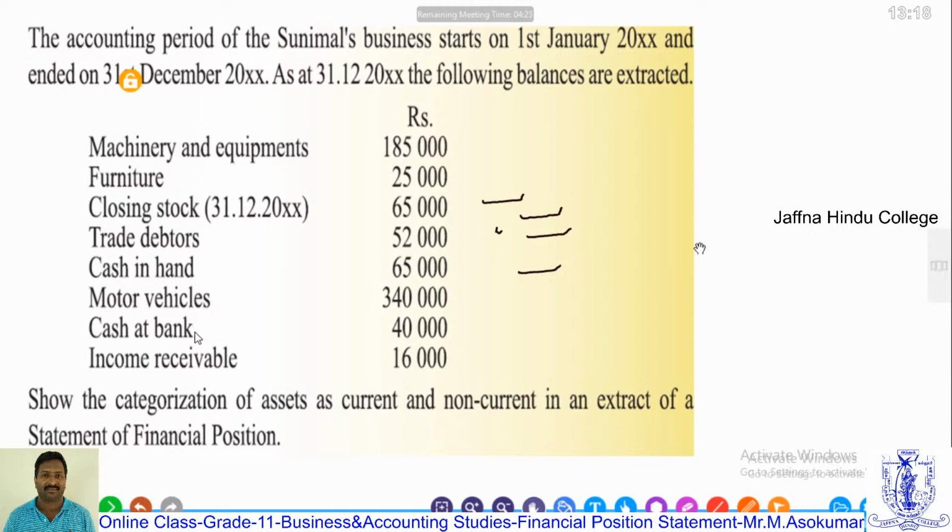As at 31st December 2020, the following balances are extracted.